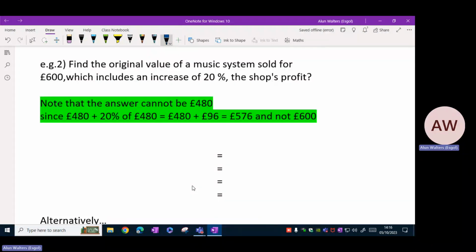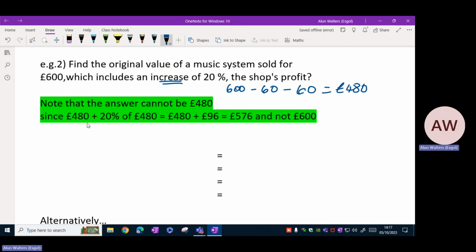We're now going to do one where there's an increase. Now find the original value of the music system sold for £600, which includes an increase of 20%. So what some people do, and it is incorrect, is they say £600, take away 10%, take away another 10%, and they end up with an answer of 480.